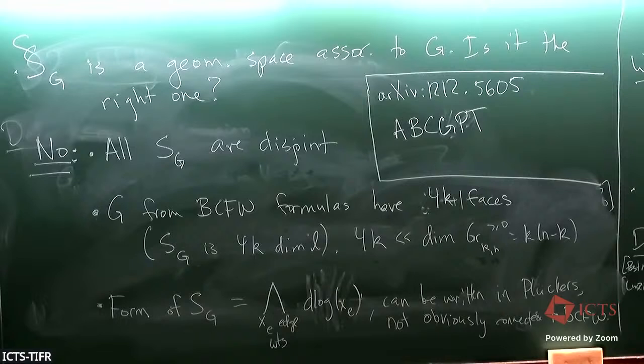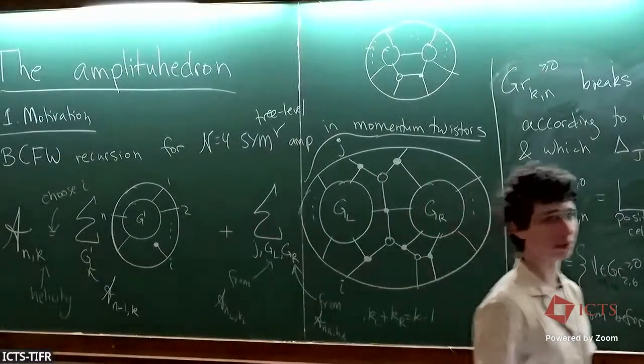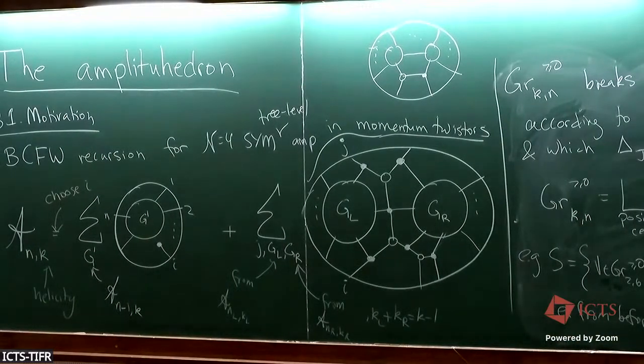Right, this BCFW bridge can be used to build up arbitrary graphs. This particular momentum twistor formulation really just gives you a very special class of graphs that are relatively low dimensional.